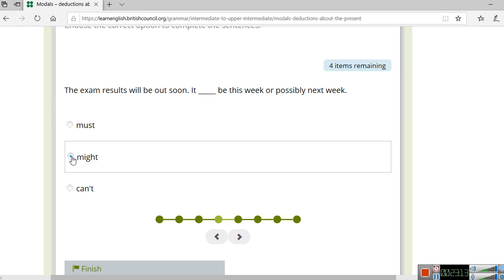Can be this week or another, the next. So I suppose it's might. Very well. So here the clue is it might be this week, but when I say or possibly next week, I'm also talking two chances. So I'm not 100% sure that it's going to be this week. That's why we use might. Very well.